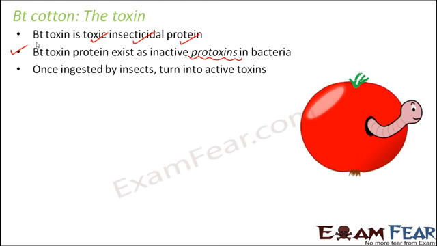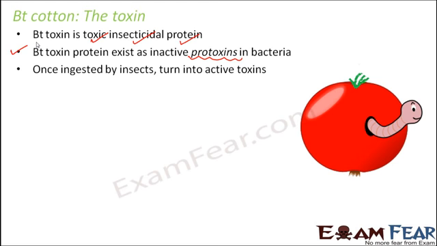The bacteria is Bacillus thuringiensis. This bacteria will produce certain protein crystals during a particular phase of their growth. The BT toxin is not produced all the time. During one particular phase of their growth, the bacteria will produce these protein crystals, and these crystals will contain the toxic insecticidal protein, which we call BT toxin.